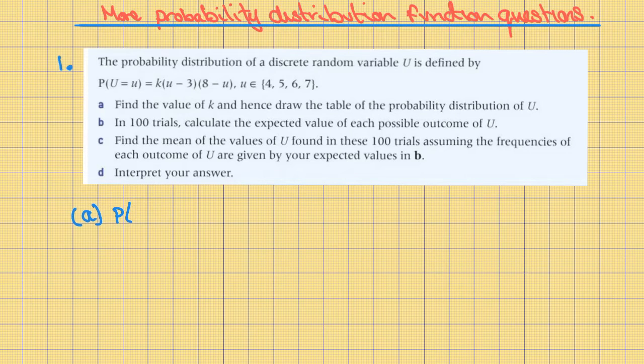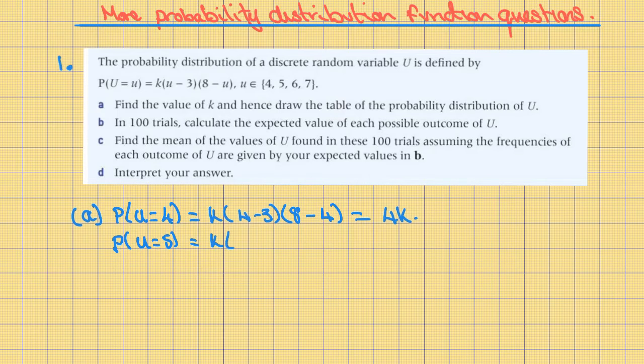The probability that U equals 4 is equal to k times (4 minus 3) times (8 minus 4), which equals 4k. The probability that U equals 5 is equal to k times (5 minus 3) times (8 minus 5), which equals 6k.